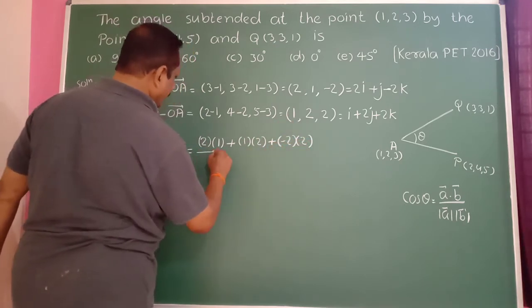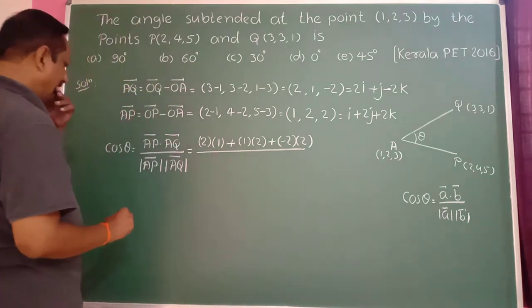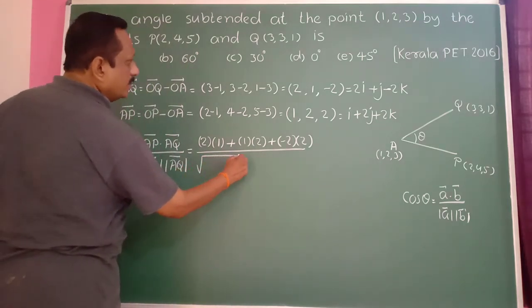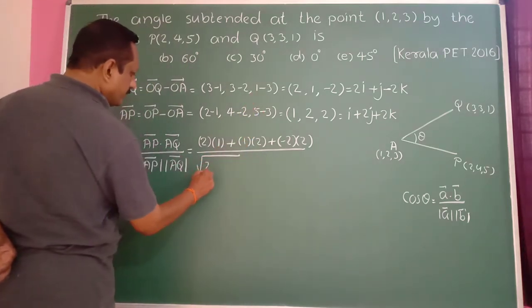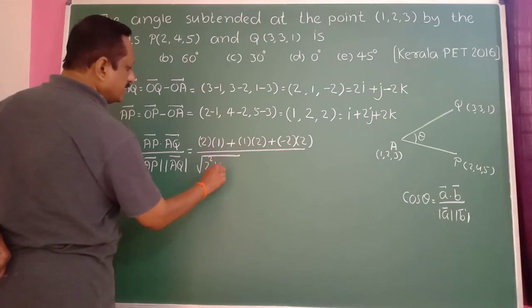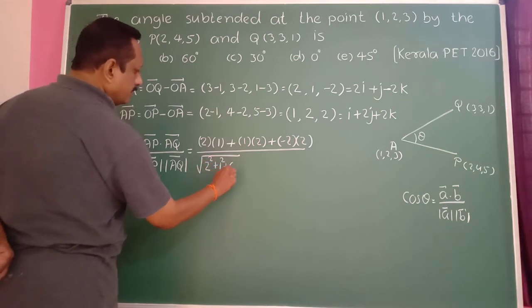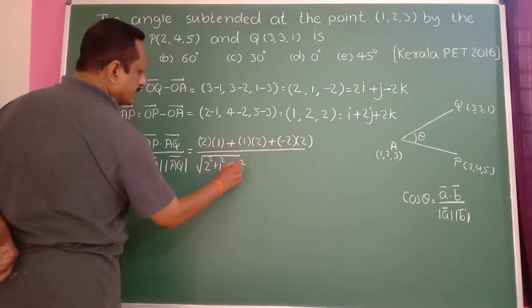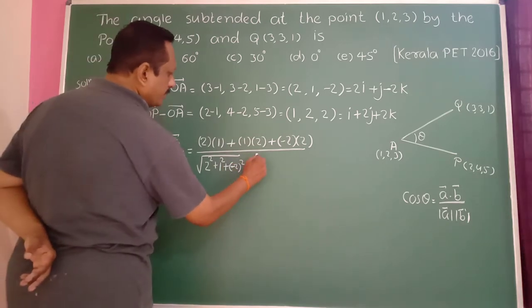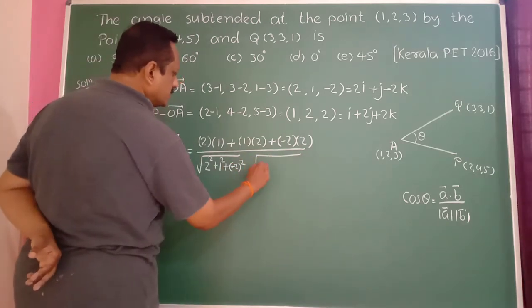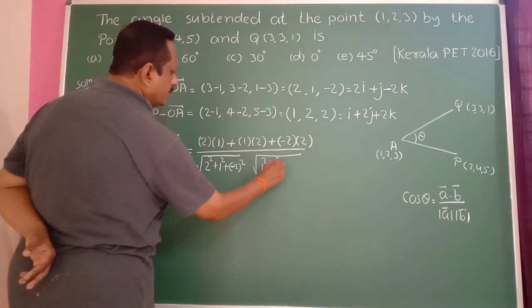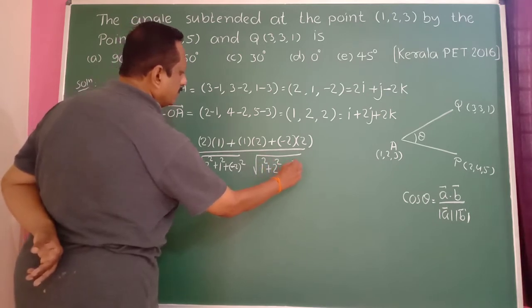Divided by modulus of AP, so root of 2 square plus 1 square plus minus 2 square, then root of 1 square plus 2 square plus 2 square.